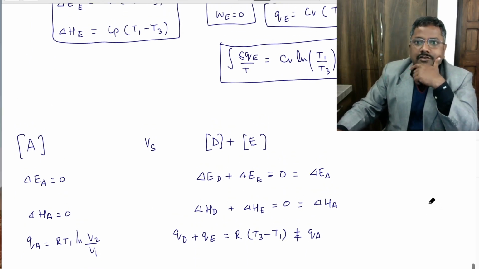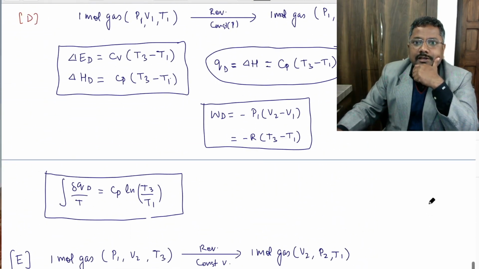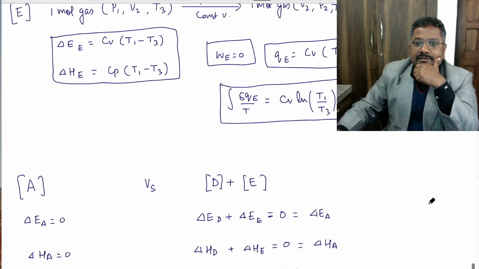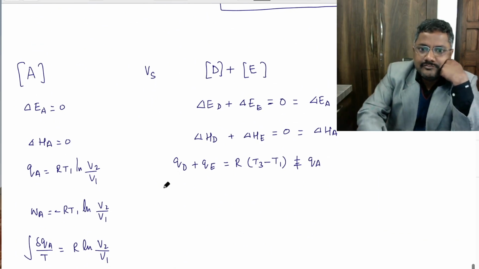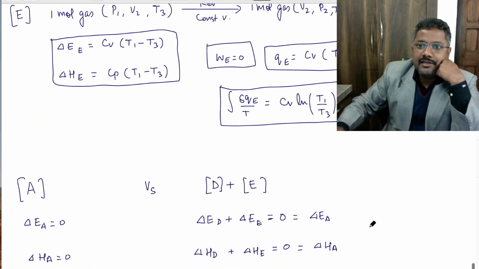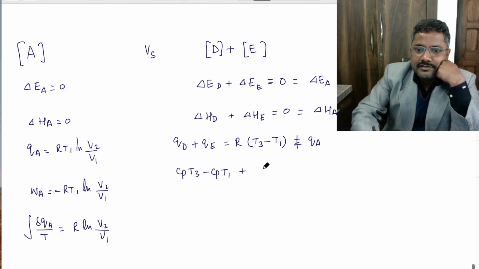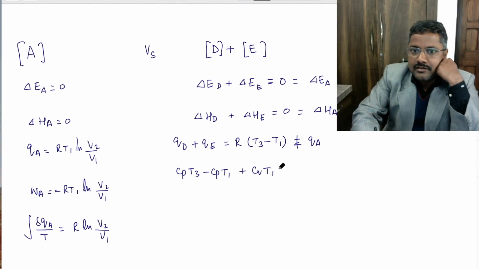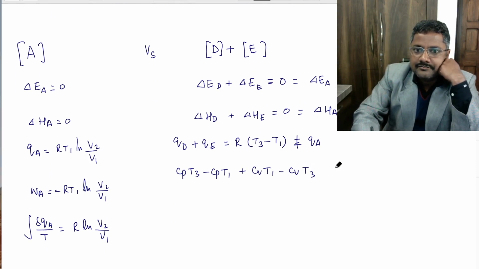See how QD, what is QD? CP (T3 minus T1), that is CP T3 minus CP T1, plus what is QE? CV (T1 minus T3), that is CV T1 minus CV T3.